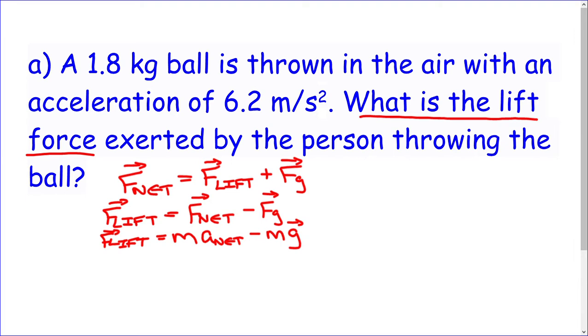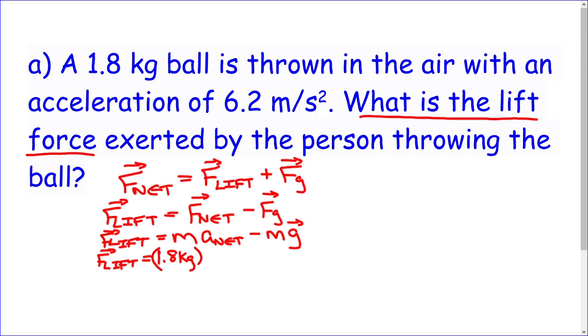Now, the mass units are the same here, and if you can see it and are comfortable with it, you can actually factor out the mass and see right away that it really is just acceleration minus gravity. So the net acceleration minus what gravity would be. But for our cases here, we can just leave them included and not factor, but just know that if you do factor it out, you will get the same answer. So we know that this thing is 1.8 kilograms for the ball.